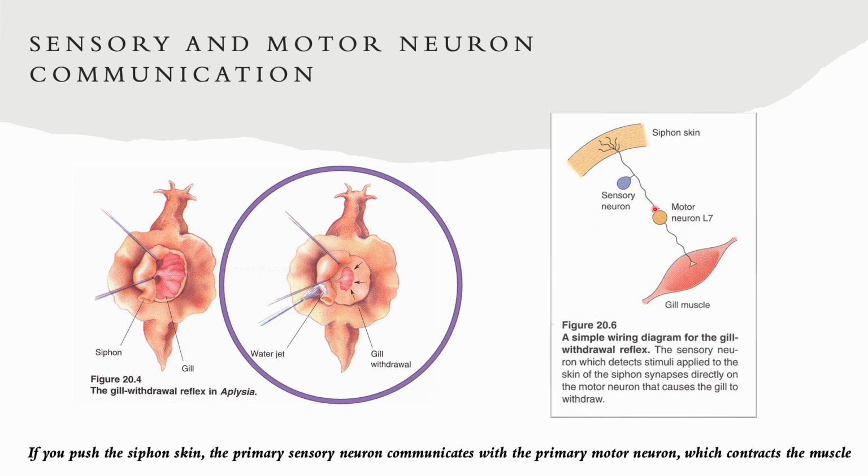Sensory neurons then synapse onto motor neurons, and motor neurons synapse onto the gill muscles, inducing a simple withdrawal reflex. This contraction of muscles from different stimuli on the siphon has allowed neuroscientists to study learning and memory.